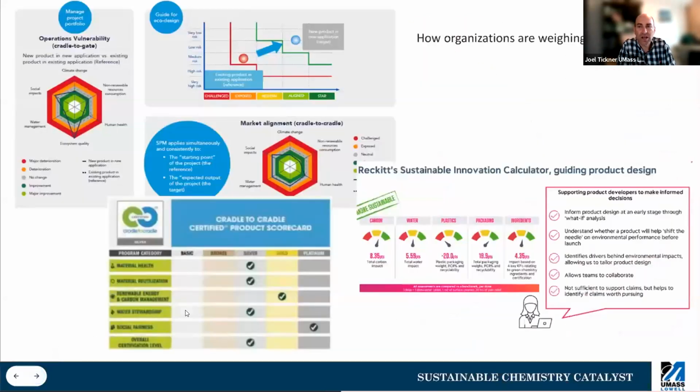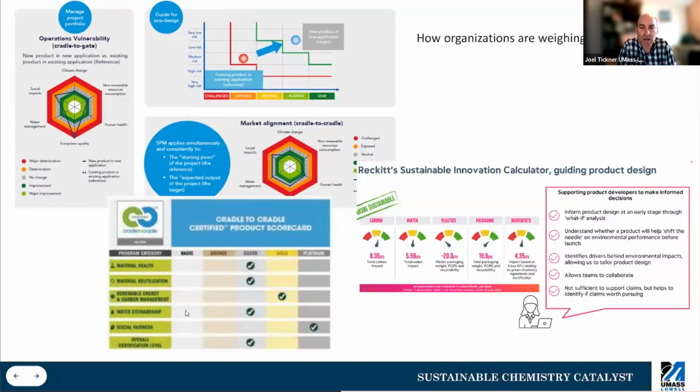And here's some ways companies are doing this, companies and other organizations. So if you take, for example, Solvay, I think this is Solvay's sustainability portfolio assessment, you can see they come up with ways to evaluate the trade-offs within their chemical portfolio to say, okay, this is where this one's better for climate change, but worse for toxicity, or more water needed to make it, or this has a bigger impact on human health.